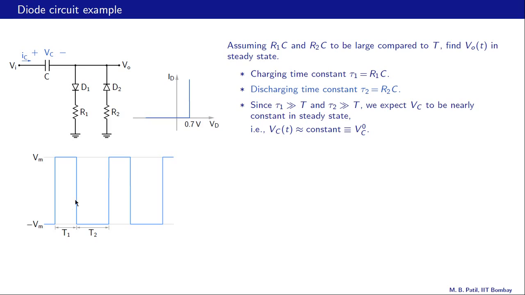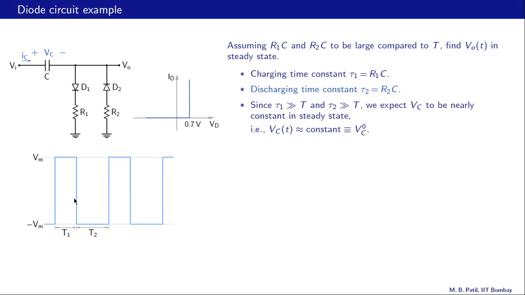So that means if the capacitor is charging, for example, that charging process is going to be very slow. So that means in this time the capacitor voltage will hardly change. It's going to charge so slowly that we will not even notice the difference in this interval.